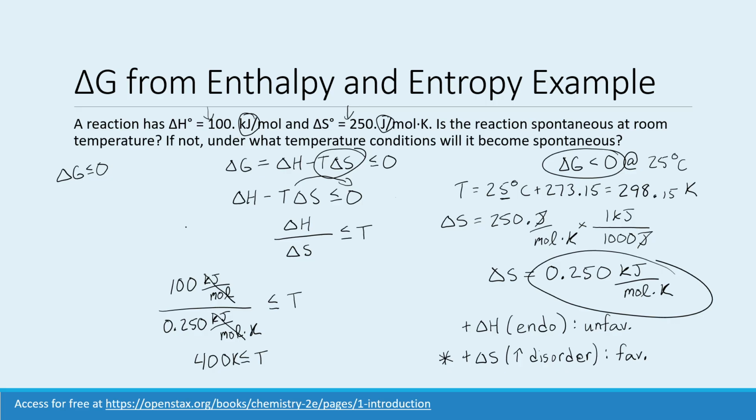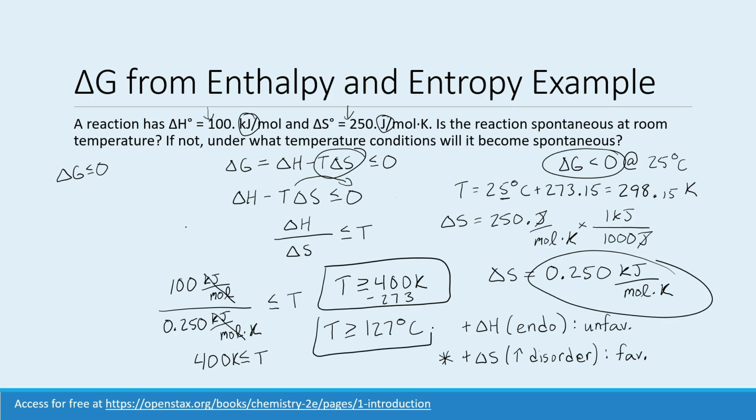And we can rewrite this if you want to just flip it around and basically say temperature is greater than or equal to 400 Kelvin. Right, and if you want to look at that in degrees Celsius, of course, subtract out your 273. And so you get temperature is greater than or equal to 127 degrees Celsius.